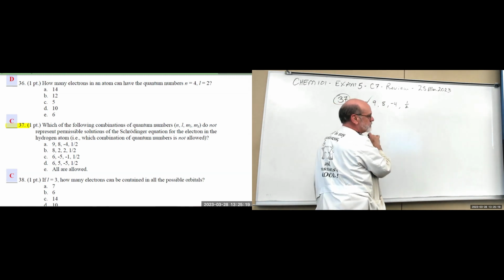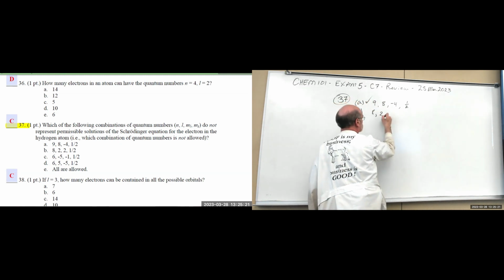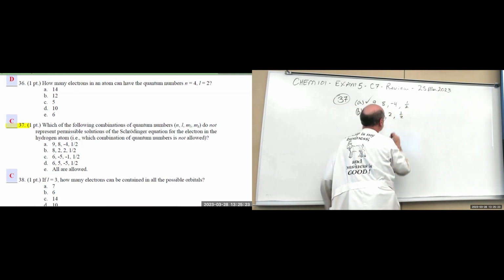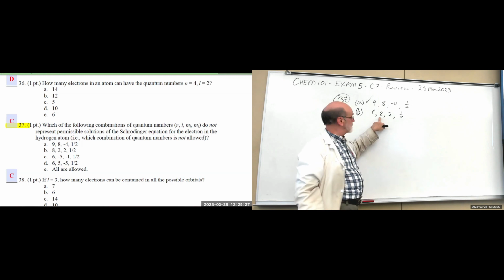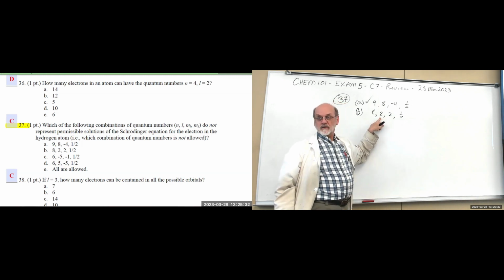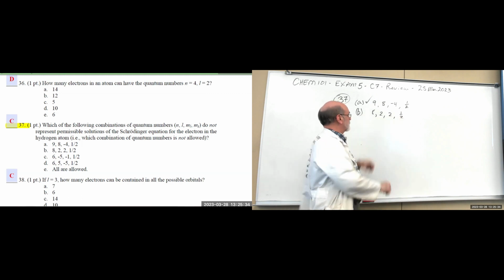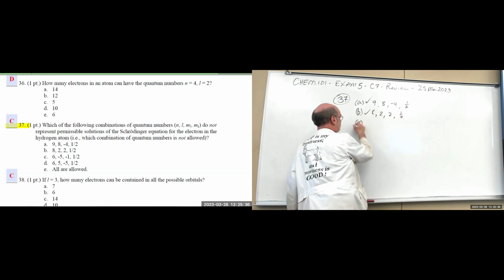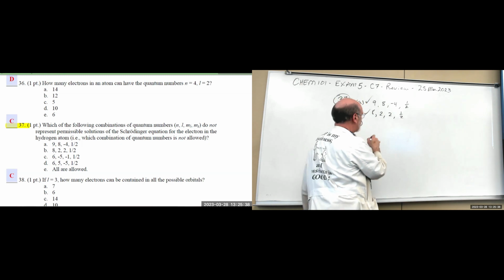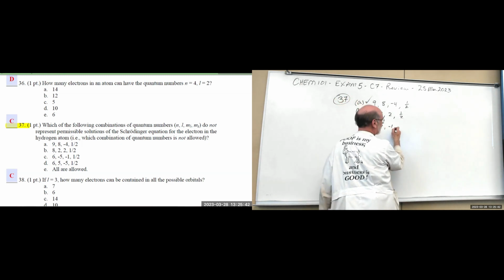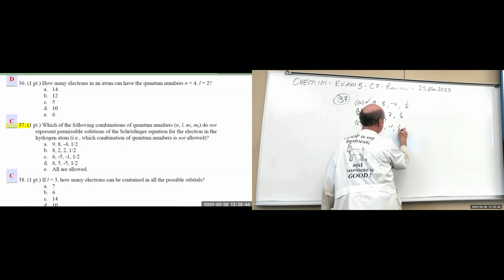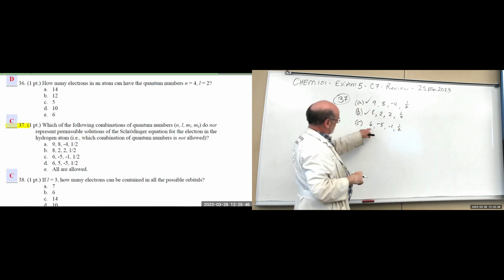How about B? 8, 2, 2, 1/2. n is 8, l is 2, and m sub l can be -2, -1, 0, +1, +2. That one's good. How about C? 6, -5, -1, 1/2.